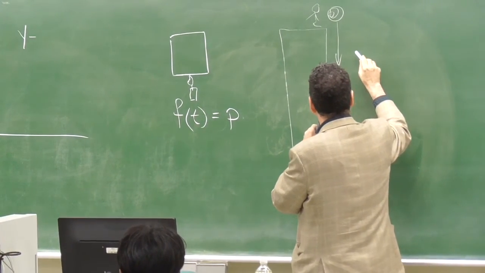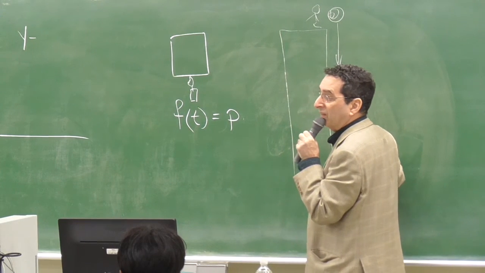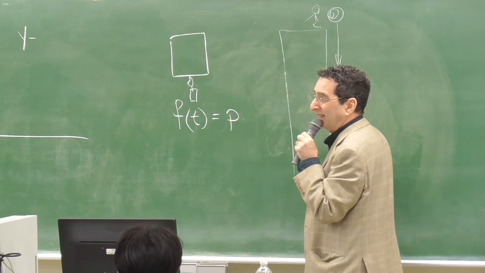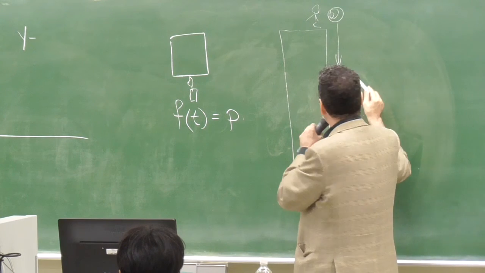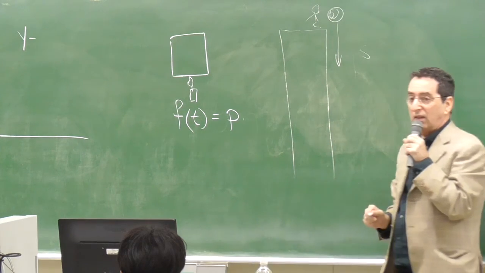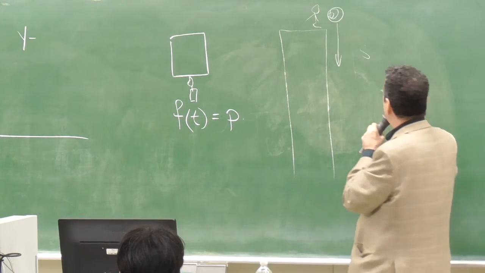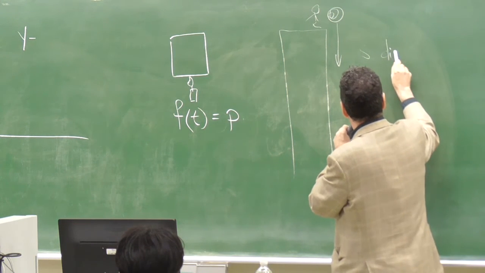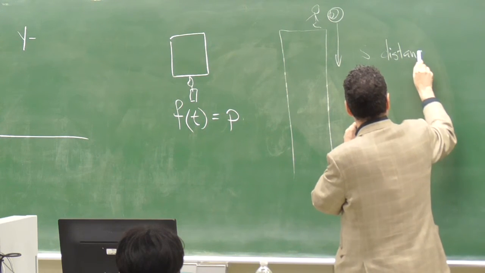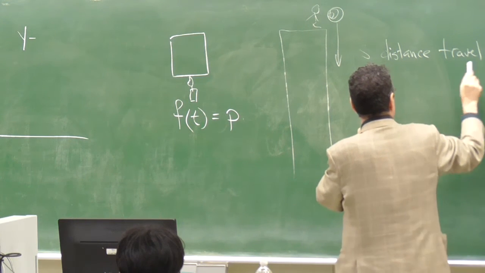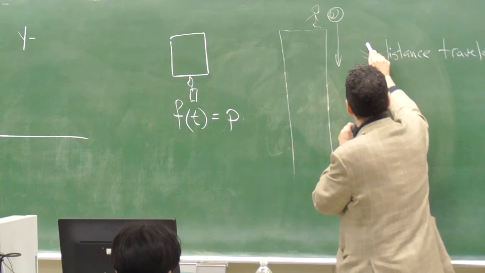We can call the distance that it falls S. They usually call it S, not D, because D is for something else. So this distance that the ball is falling is called S. That's the distance traveled, or distance falling.